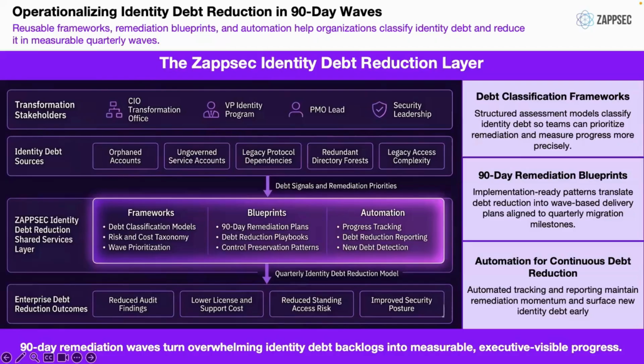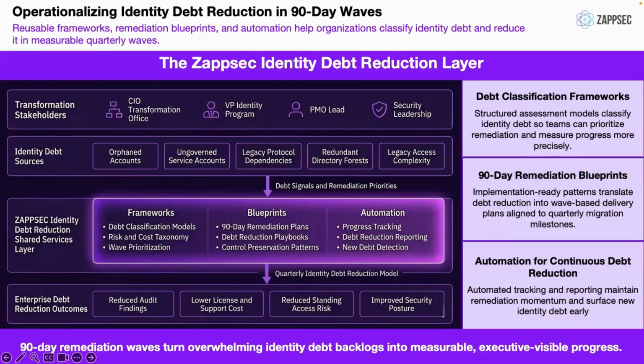Yeah, fantastic. So debt classified, implementation ready, continuously tracked. Definitely these are good differentiators. Yep, that's how organizations move from knowing the debt exists to actually measurably reducing it quarter by quarter. Identity technical debt becomes manageable when it's reduced in sequenced 90-day increments with visible business and security outcomes.